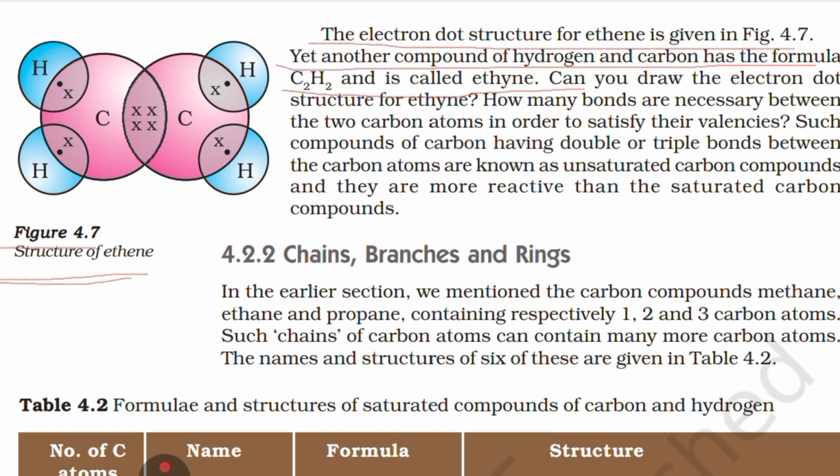Can you draw the electron dot structure for ethyne? How many bonds are necessary between the two carbon atoms in order to satisfy their valencies?